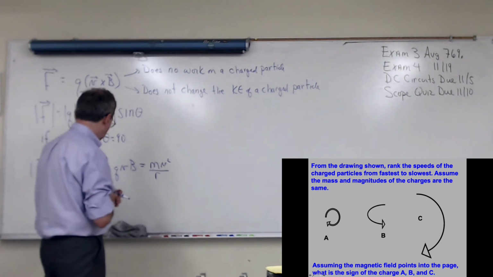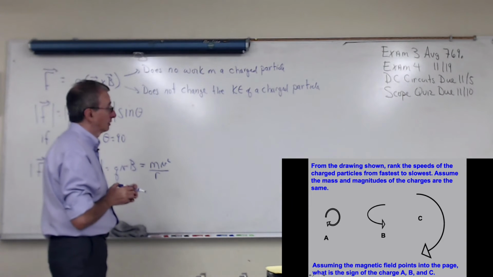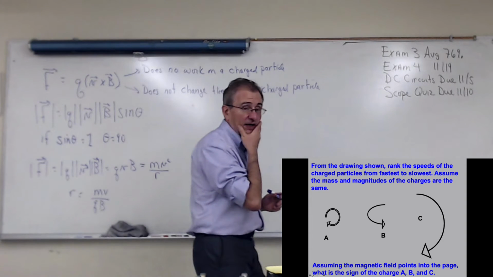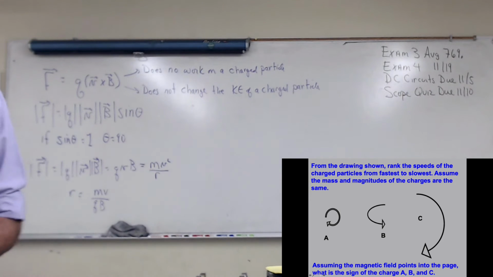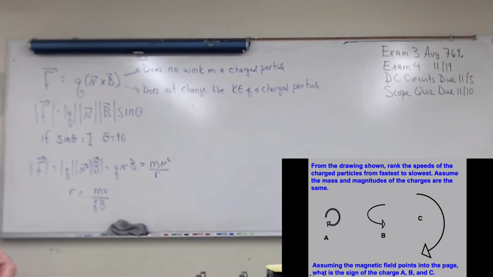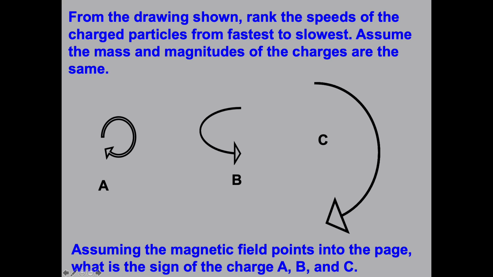So, given this, I want to ask you the following question. It's kind of a conceptual question. From the drawing shown, I want you to rank the speed of the charged particles from fastest to slowest.